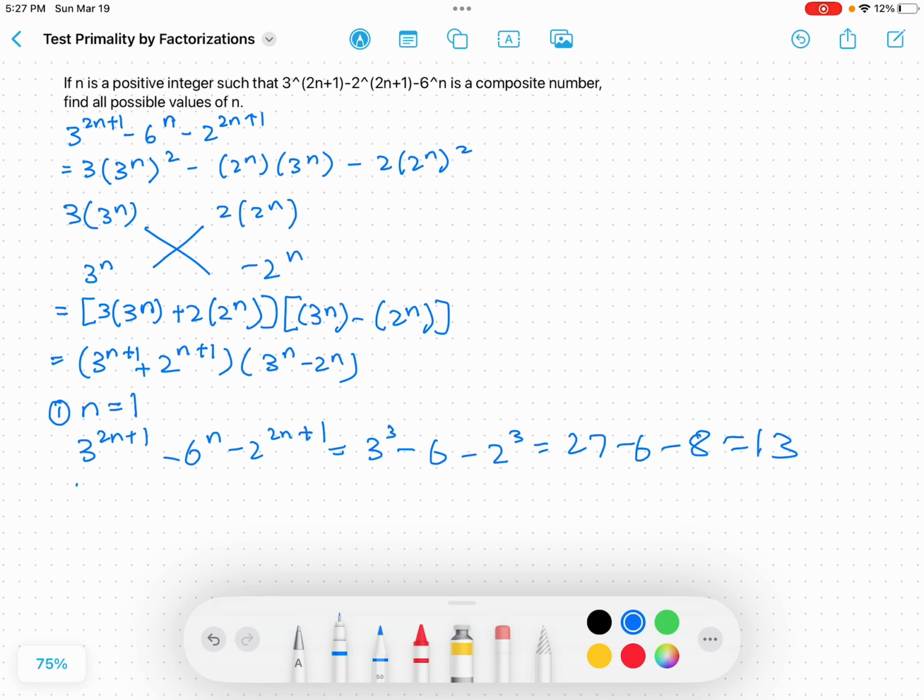And since 13 is prime, this means that n equals 1 doesn't work, since the expression needs to be composite.